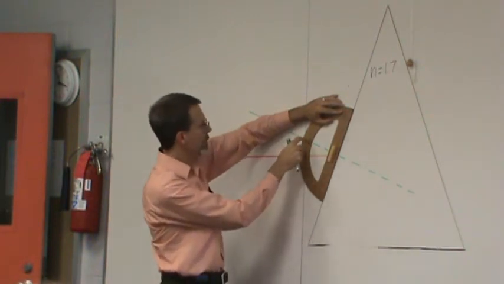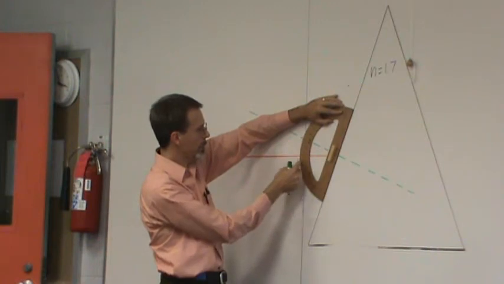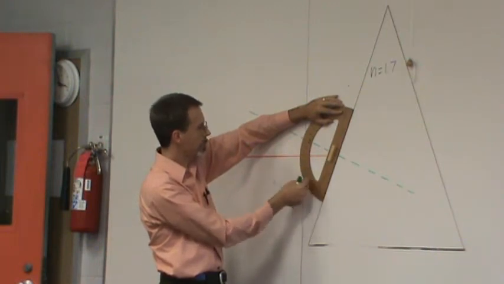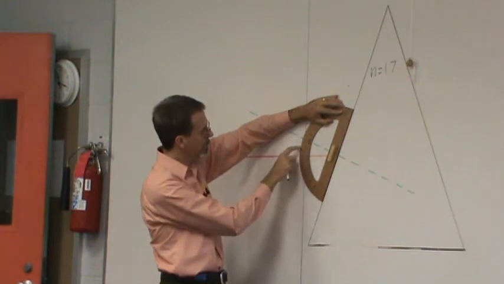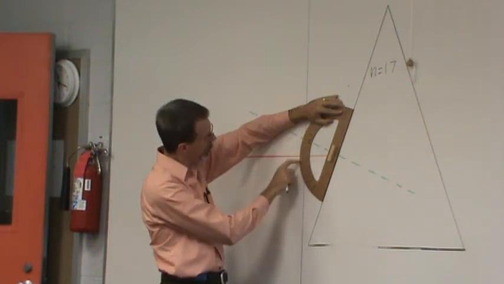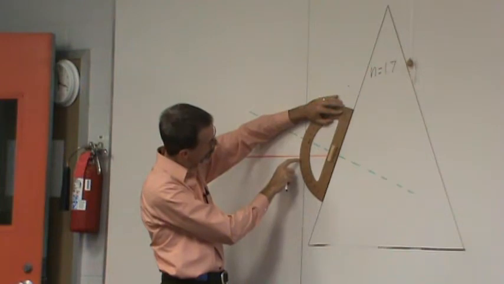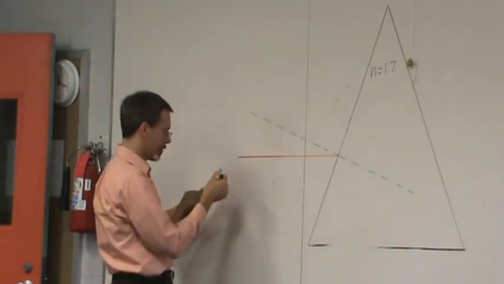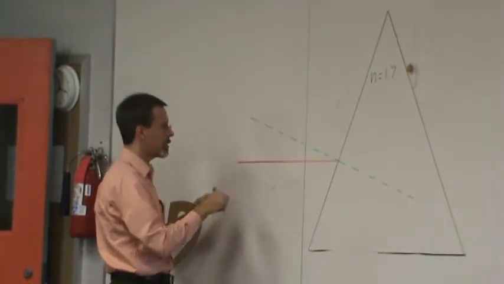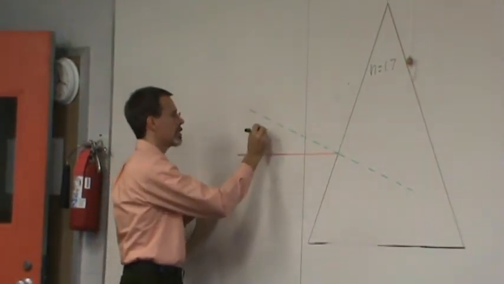Okay, so this is 90. I don't want to just read off of this because that's going to measure from the surface. I want to measure the angle from here, and so that's 90, 10 degrees, 20 degrees, and a little bit more. That's 25, probably about 22. So we'll call this a 22-degree angle.